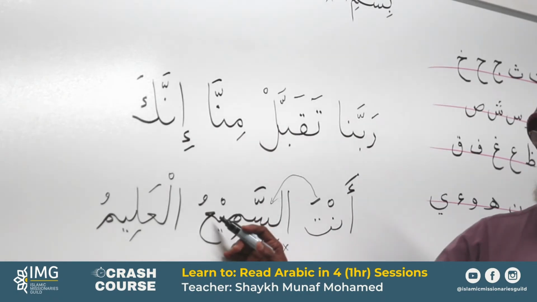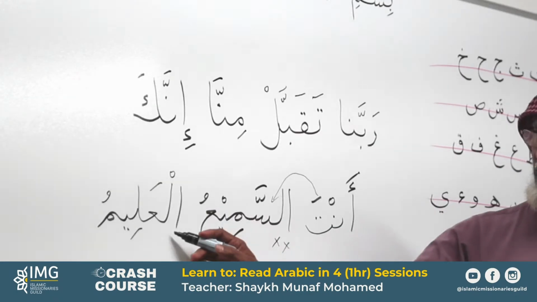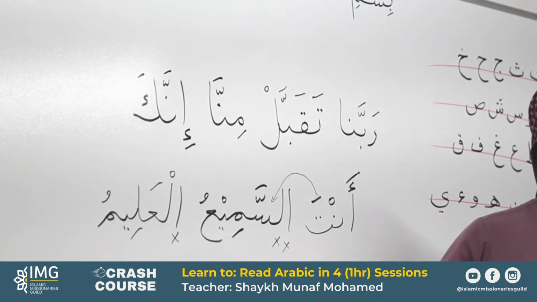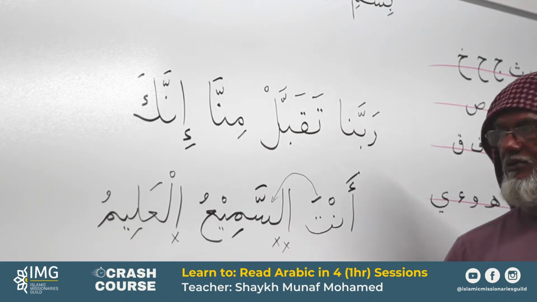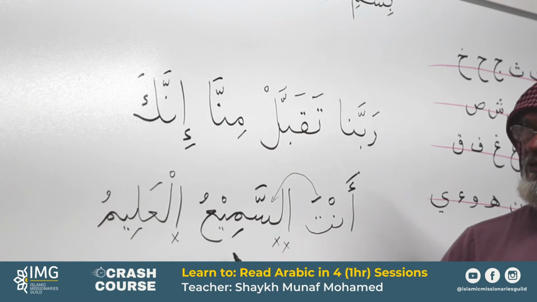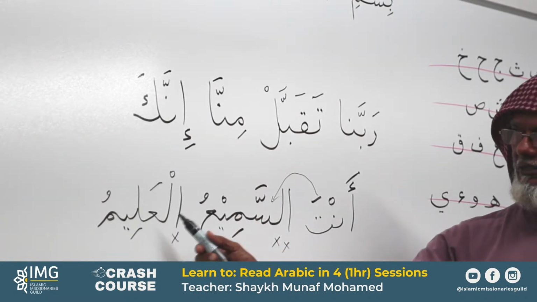Notice the ain has to go straight to the lam. The alif is not pronounced. Why? Why is the alif not pronounced? Because there's a word before. Okay? And the lam has a sukoon because this is a moon letter, not a sun letter.